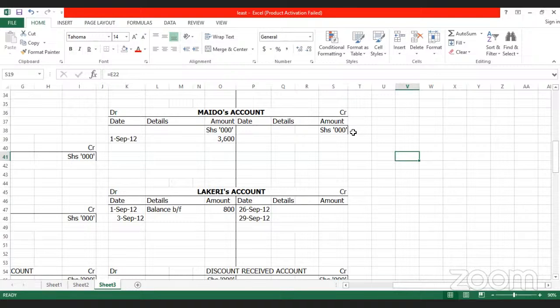When goods are sold on credit, which entries do we make? We debit the trade receivables, then we credit the sales account.